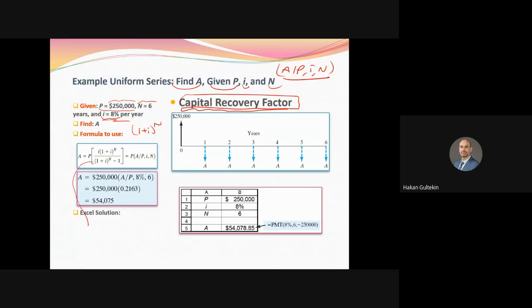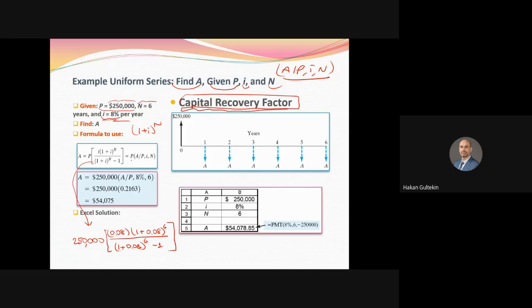So for this example, if you want to find the annual equivalent, you will multiply P by I, which is 0.08, times (1 plus 0.08) to the power n, which is 6, divided by (1 plus 0.08) to the power 6 minus 1. Okay, this is how we use the formula.